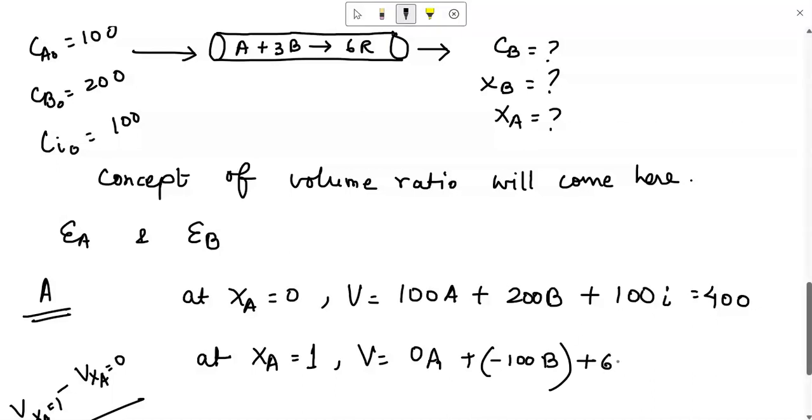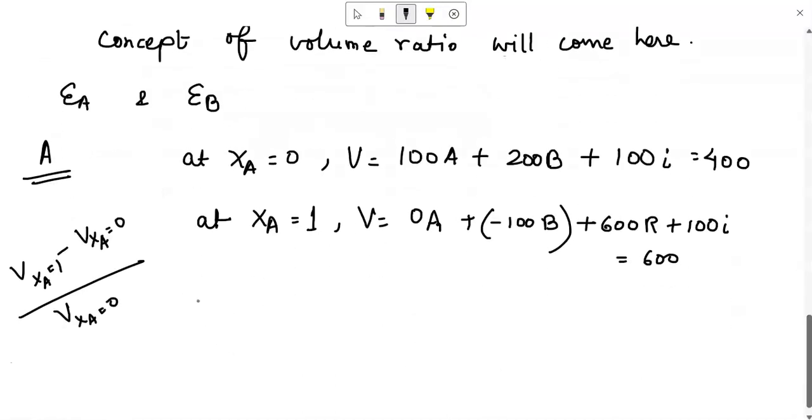You will get 600 R on the product side. Also, the inert passes out completely unreacted, so 100 I will be there. Therefore, this overall quantity now becomes 600 volume units. I hope this is clear.